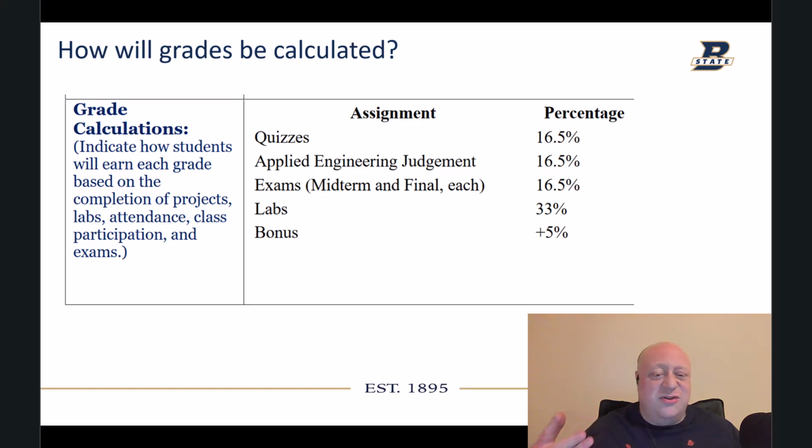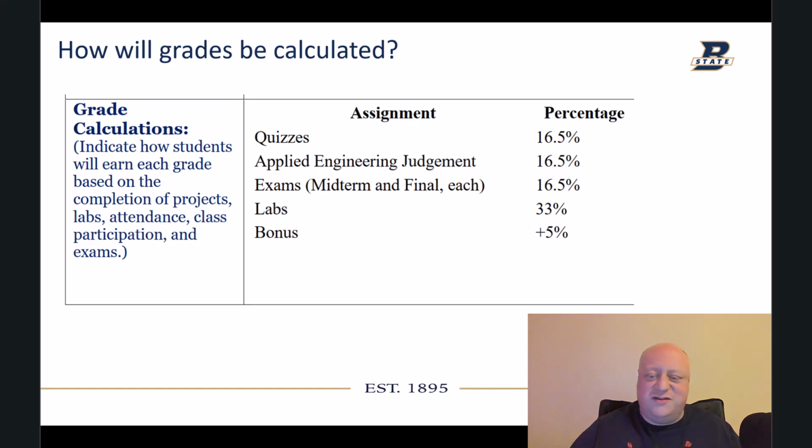And then the other 3 categories: quizzes, something I've titled Applied Engineering Judgment. I'm not exactly sure how that's going to work yet, but I really didn't like the way discussions were going with such small class size, right? And they don't really tend to take off or anything like that.